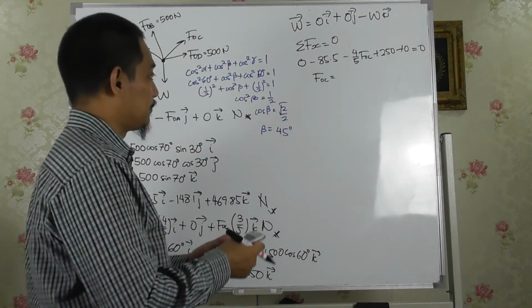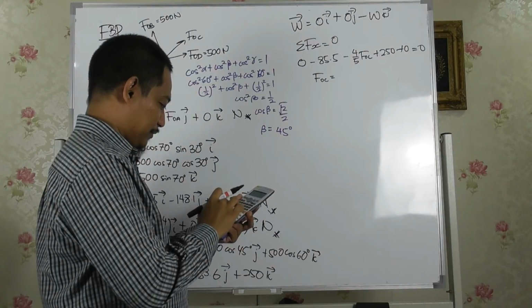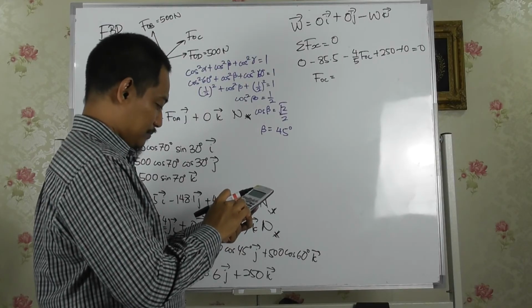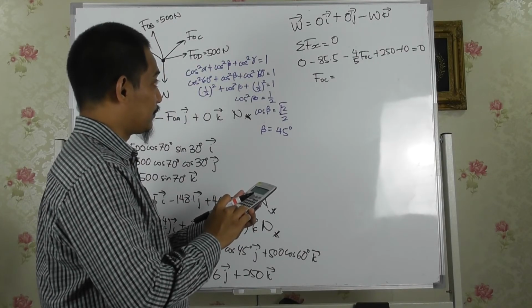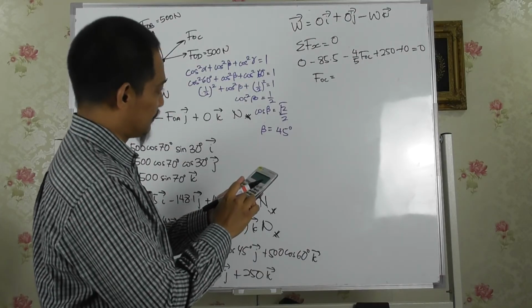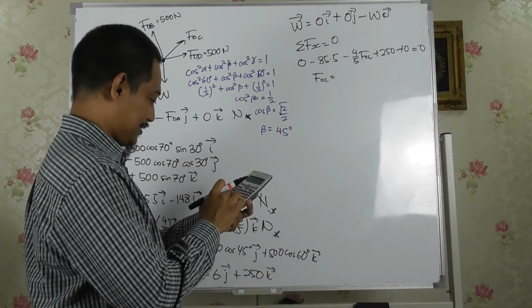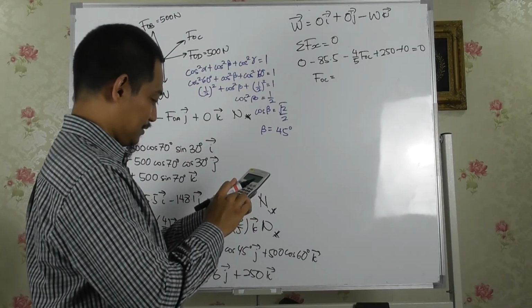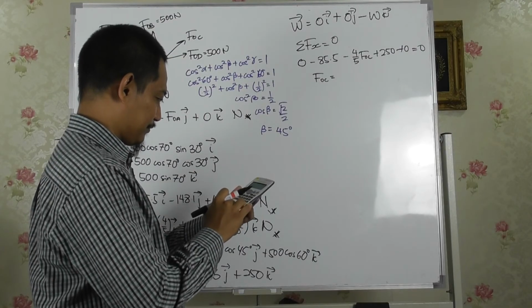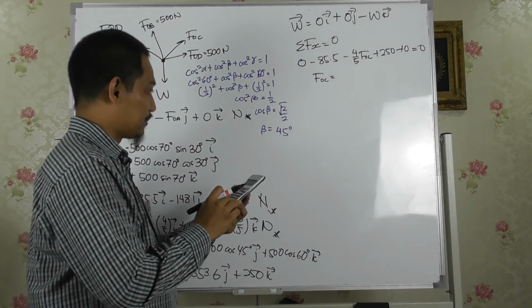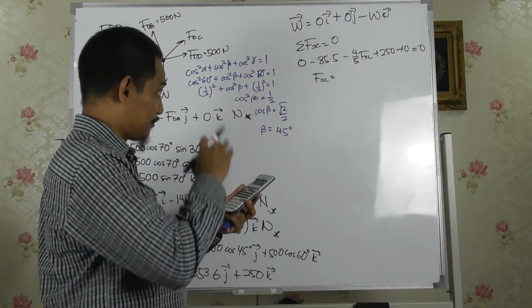Okay, so what is it? 85.5 multiplied by 5 divided by 4. Okay, sorry, you have the number first, right? So you have 250 minus 85.5. So you get a certain number here, and then you bring it that way.